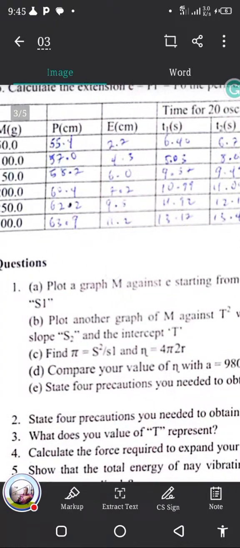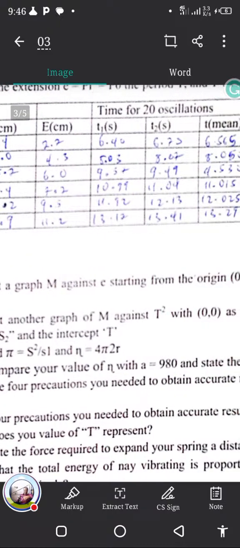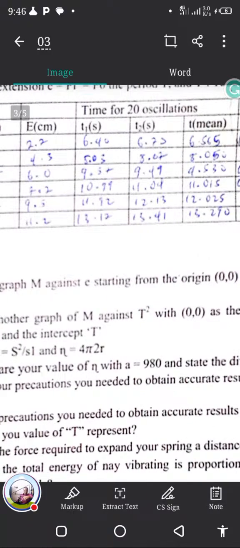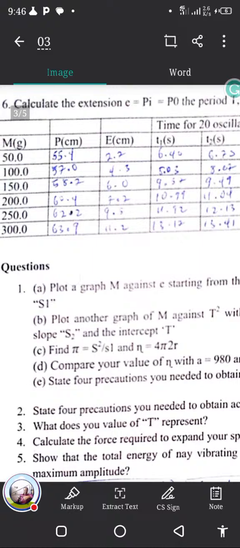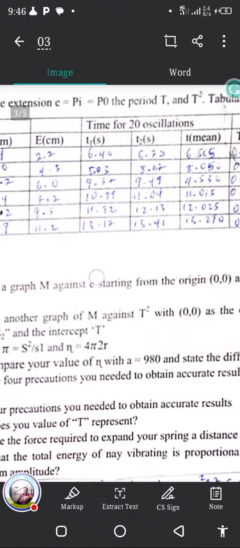Then they now said compare your value of n with 980 and state the difference. By the time you get your n from question 1C, you will notice that n is going to have a value close to 980, maybe 950, 960, 970, 1000, as the case may be.